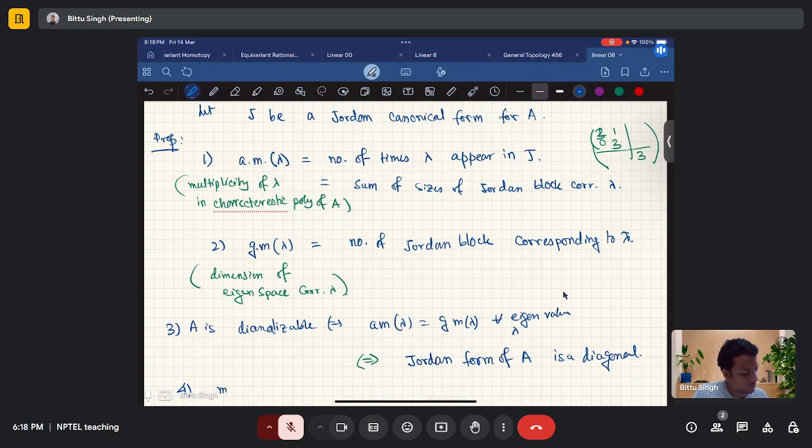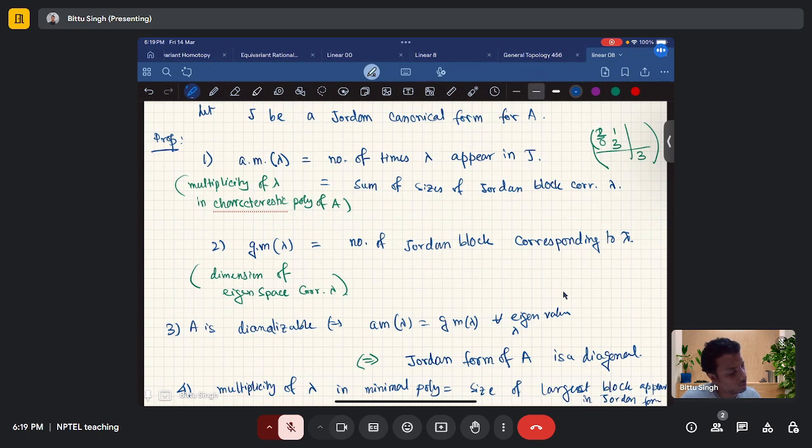But what is the multiplicity of some eigenvalue lambda in the minimal polynomial? This is actually the size of the largest block that appears in the Jordan form.